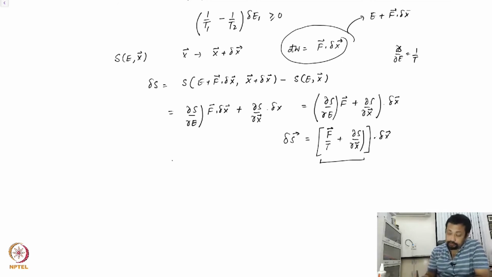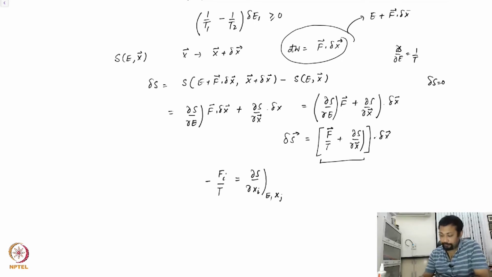So in order that you are at equilibrium, therefore there is no spontaneous change, delta S is 0, would mean that F_i over T minus del S del x_i, with E and x_j being held constant.